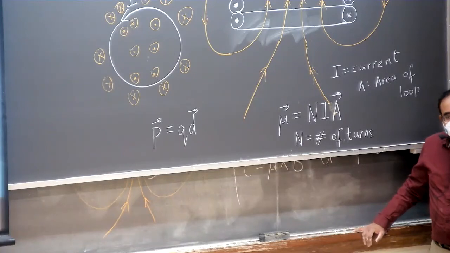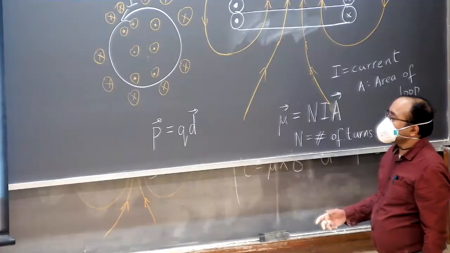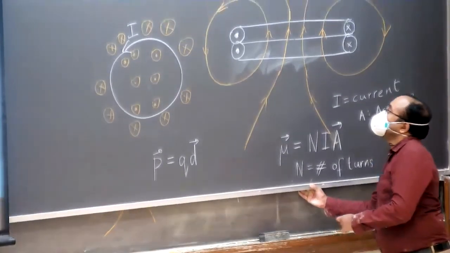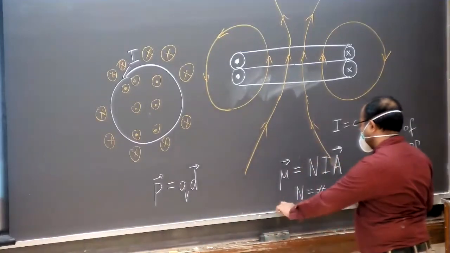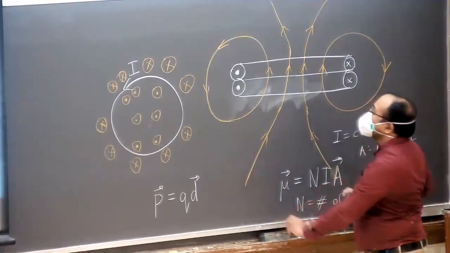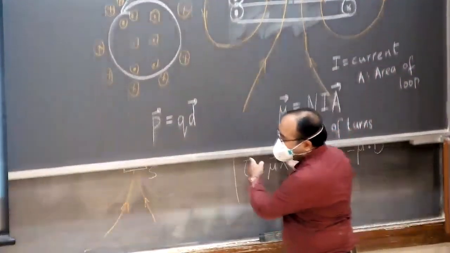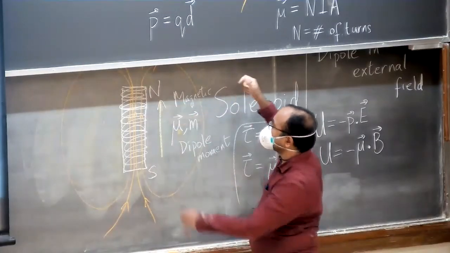Yes. Which direction do we choose for the area vector? Good question. There's one more right-hand rule. We said that inside the dipole the moment goes from south to north like this, right?